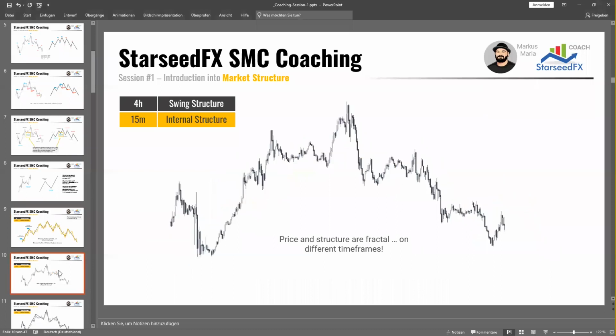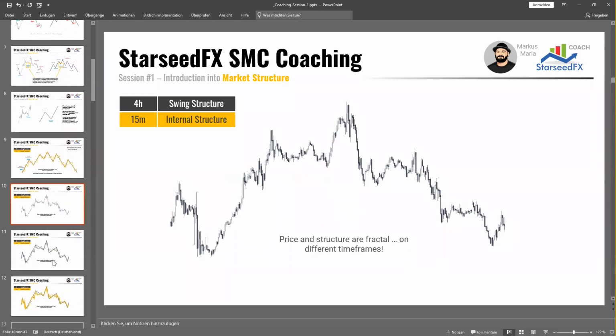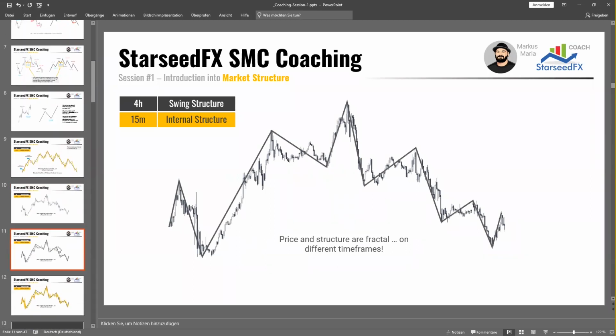And then we have a chart example. I think it's again the dollar from this week. I just wanted to use this one to show you again, to map out the 4-hour structure. And something I probably forgot to mention is that a low, for example, like this one, is only confirmed once you break the previous swing point.